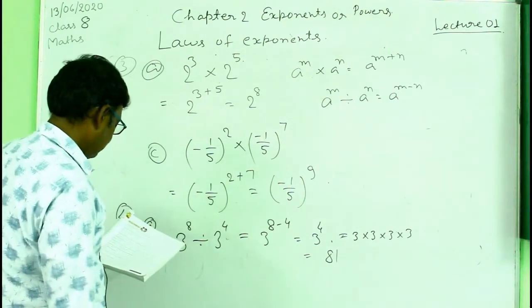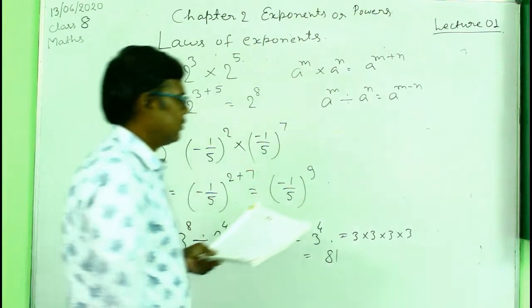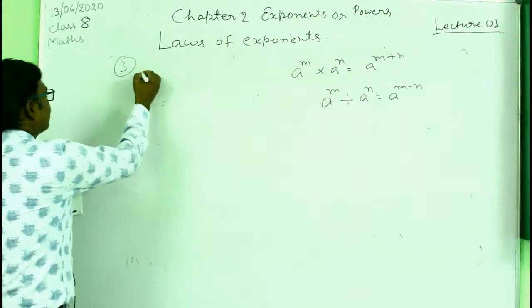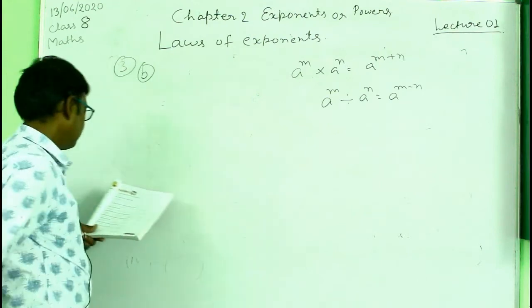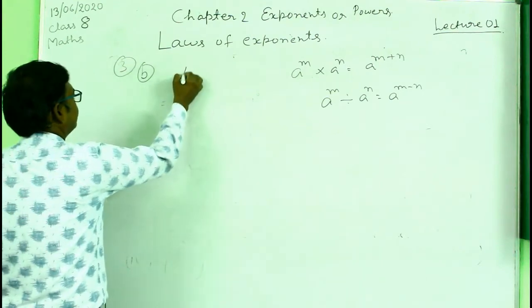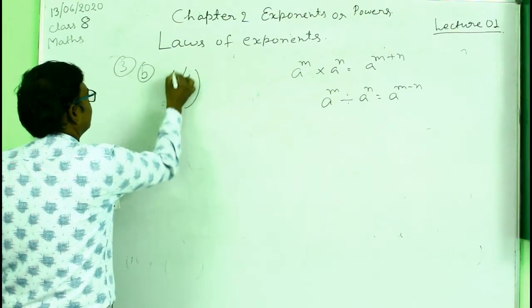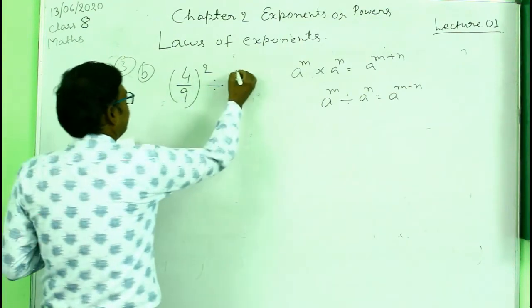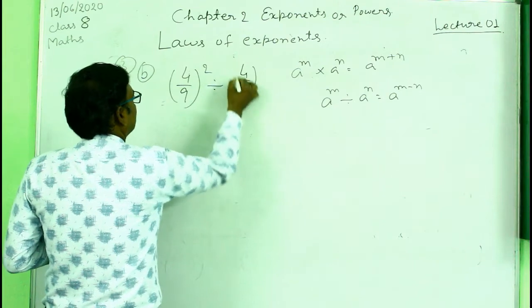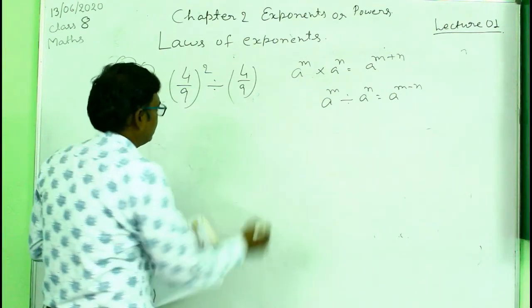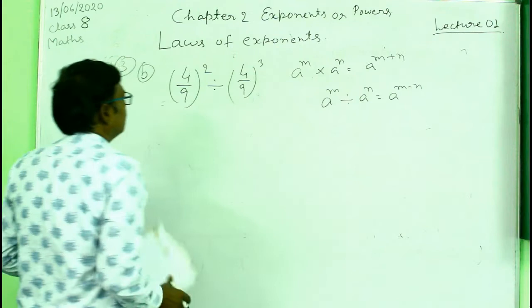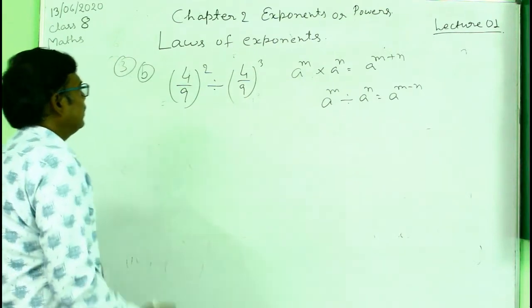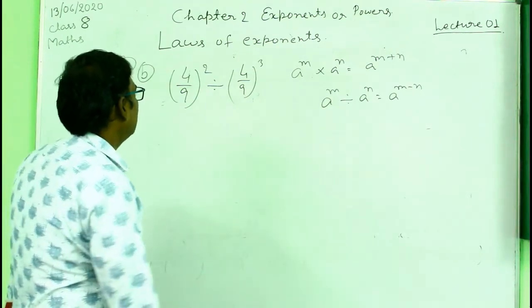Next is number B. So how will you solve number B? Here we have 4 by 9 squared divided by 4 by 9 to the power 3. Now observe the exponents.